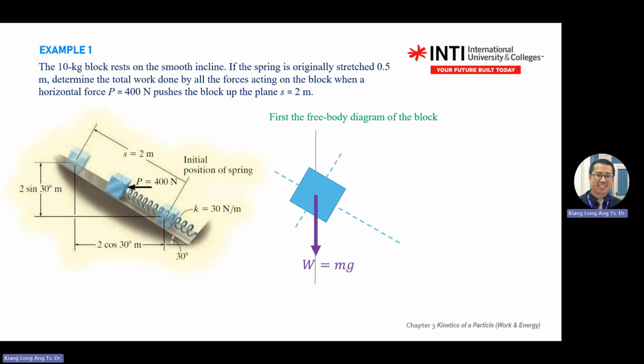So I draw axis. I draw W pointing down most of the time from the center of the object. Pull down, with a 30-degree angle from the vertical axis of the object. There's a 30-degree angle.